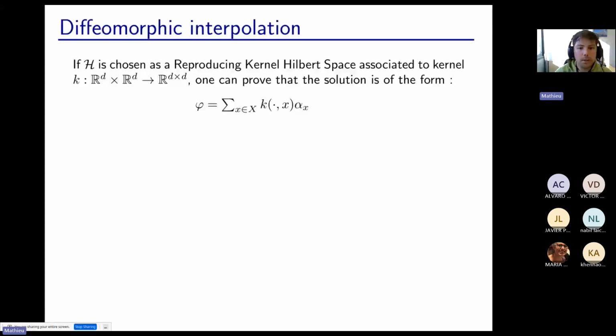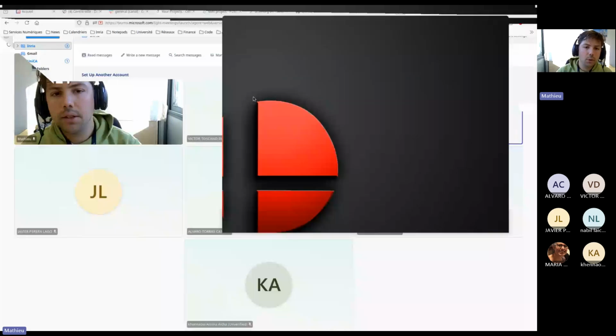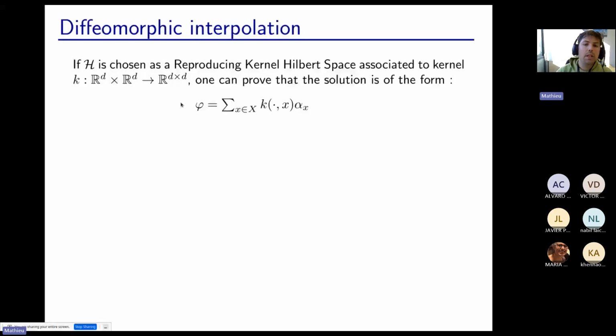In that case, you can study this problem in the so-called RKHSs, reproducing kernel Hilbert spaces. In those particular spaces, there is not a closed-form solution, but you can prove that the vector field solution has to follow this template equation.